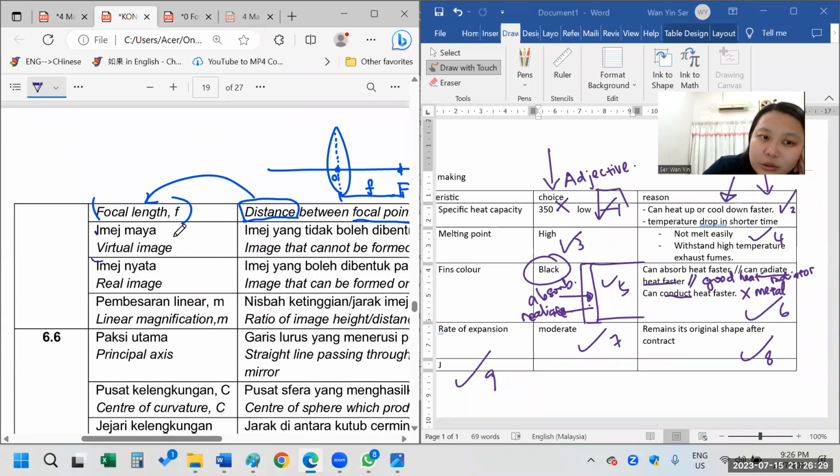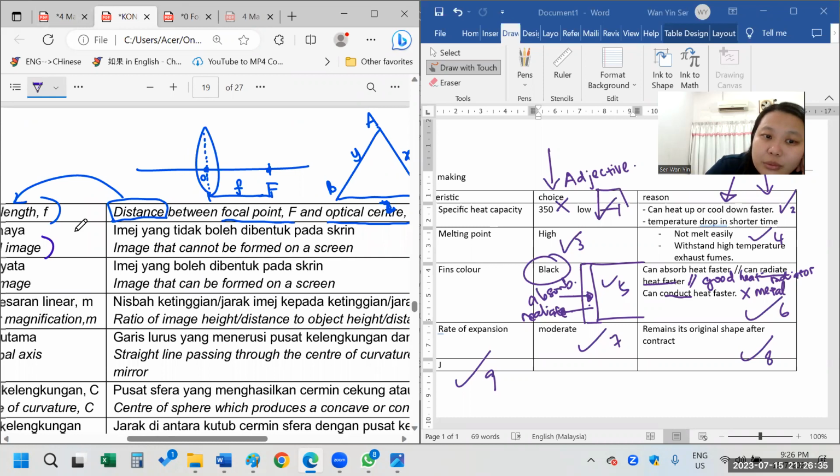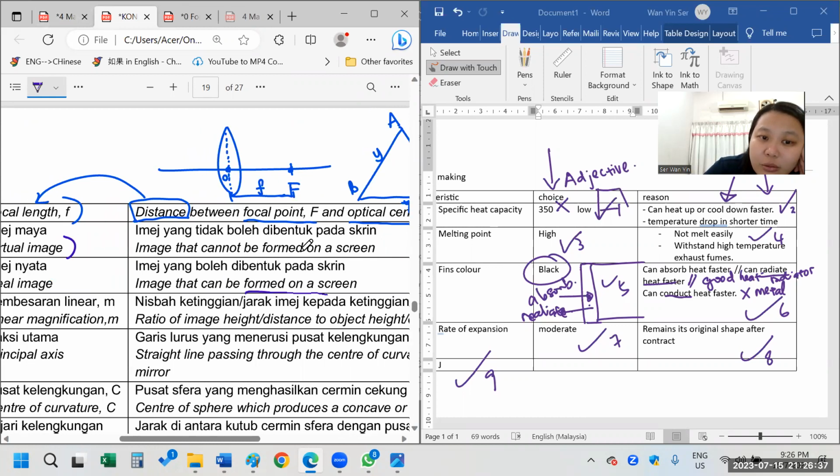Here, virtual image means image cannot be formed on the screen. What is real image? Image can form on the screen. For example, mirror. When you look at mirror, can you make the image in the mirror, you project it on the wall? Cannot. So the mirror image called virtual image.